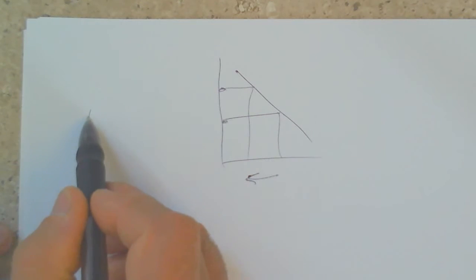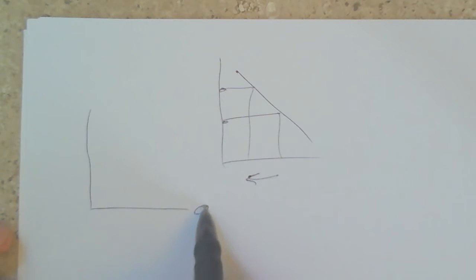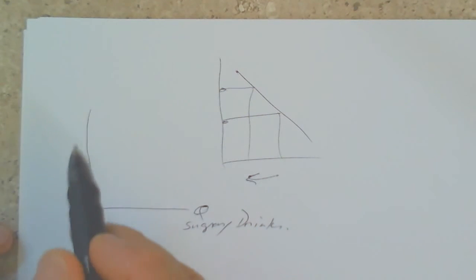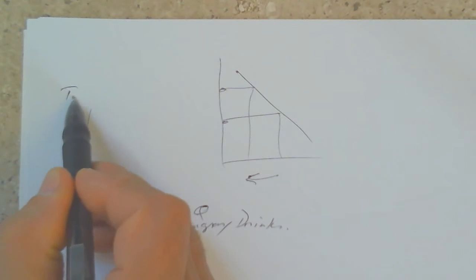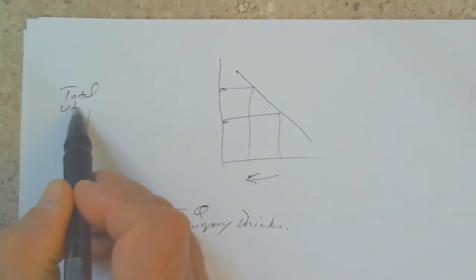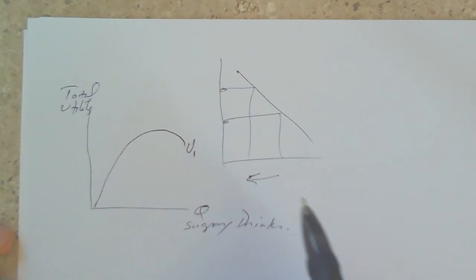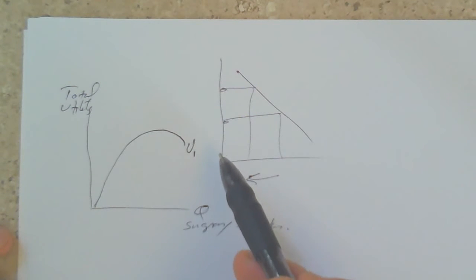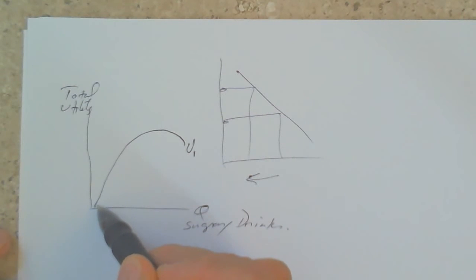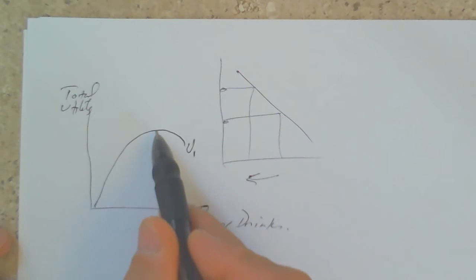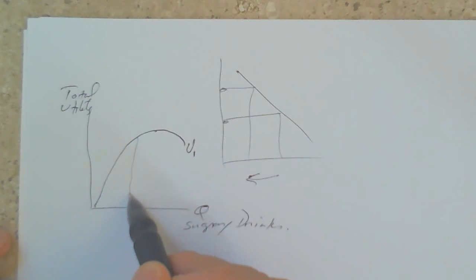In terms of utility theory, this is the quantity of sugary drinks, and this is the total utility. There's a utility function, and due to higher price, people feel that it's not worth the money, and therefore they cut back.